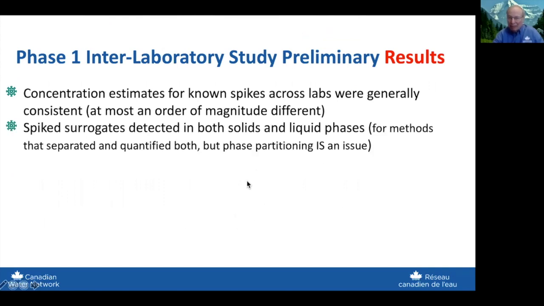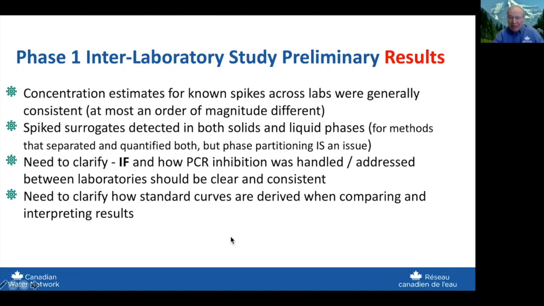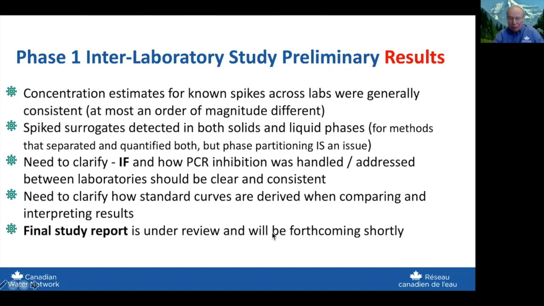Spike surrogates are detected in both solids and liquid phases, but phase partitioning is an issue that needs to be addressed. We need to clarify if and how PCR handles inhibition, because it is subject to inhibition from the sewage matrix. We need to clarify how individual labs are doing standard curves when they're interpreting results.